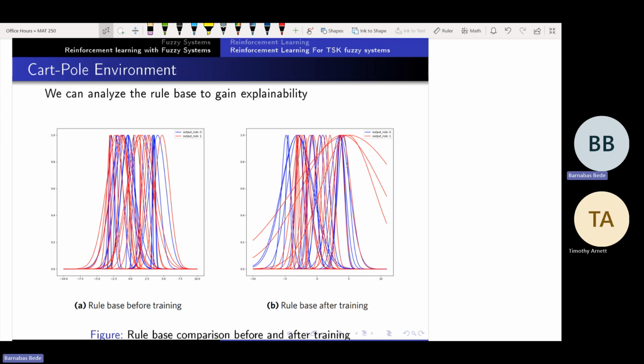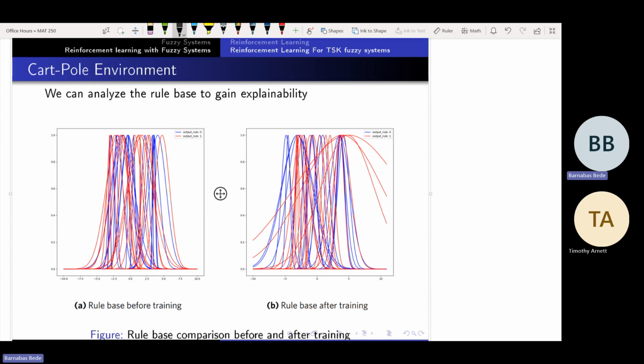Can anyone explain what's happening here? This is the rule base before training, and this is the rule base after training. On the horizontal axis, we have a parameter that is computed based on all inputs together, so it's a latent variable, but it's good to use it for that.